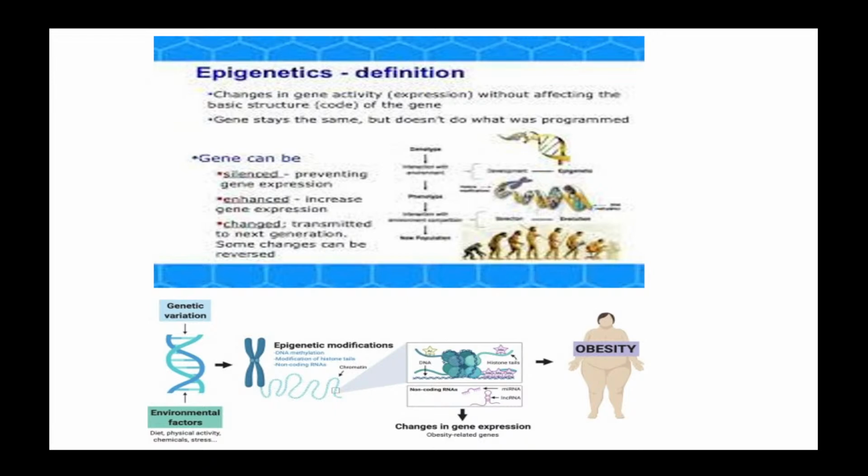The genes can be silenced, meaning prevention of gene expression, enhanced, meaning increase of gene expression, and changed, or transmitted to the next generation. Some changes can be reversed. The environmental factors can change the expression of genes.